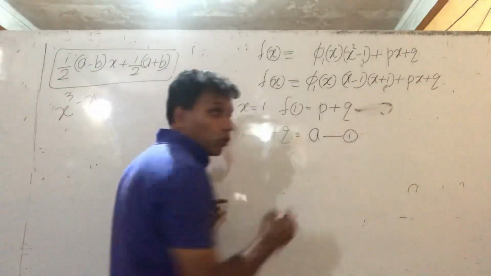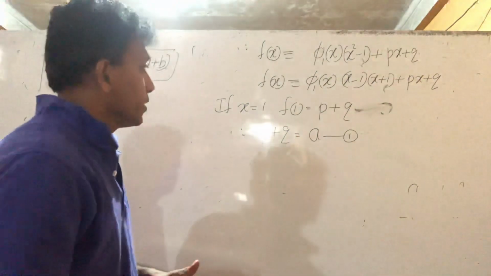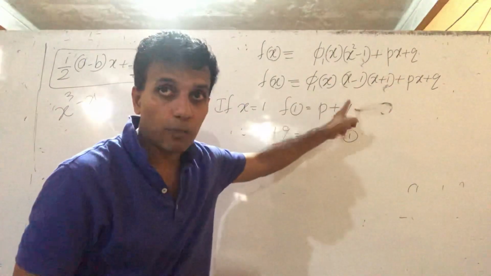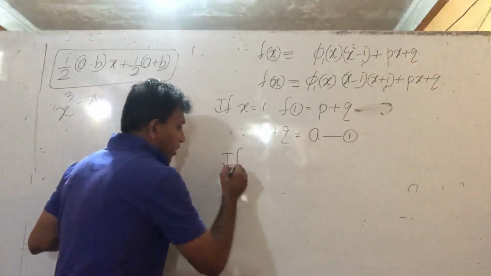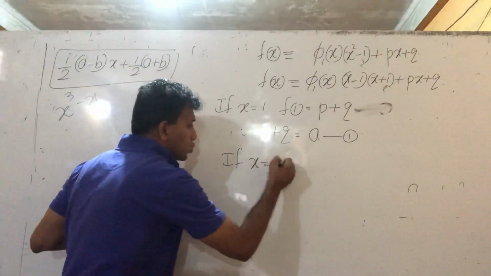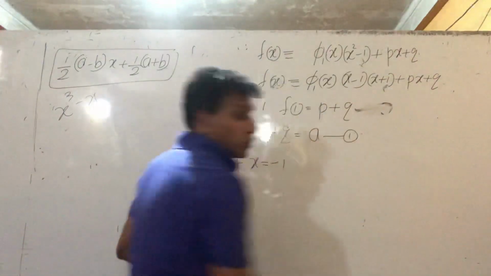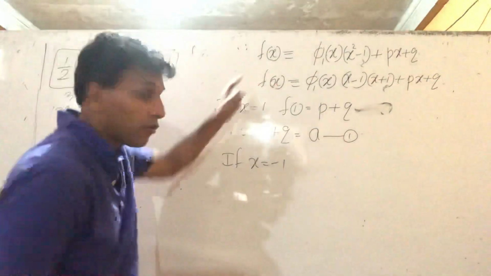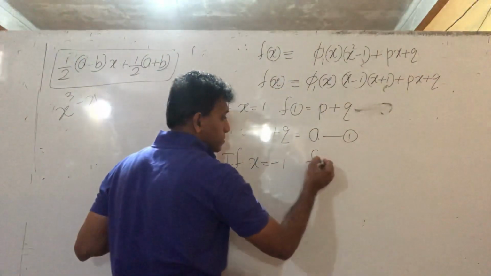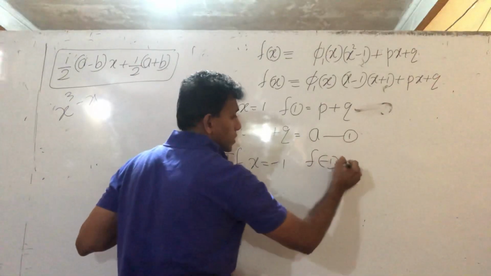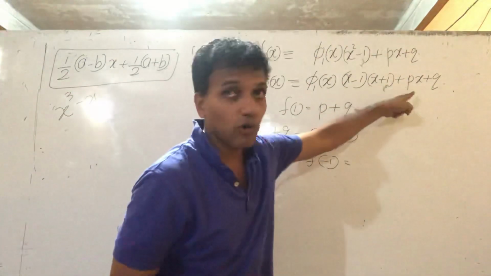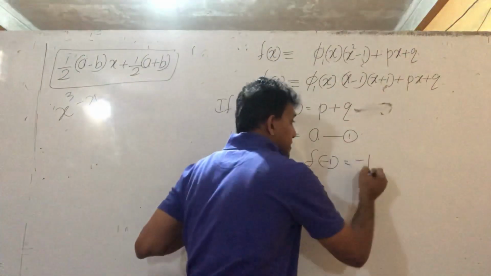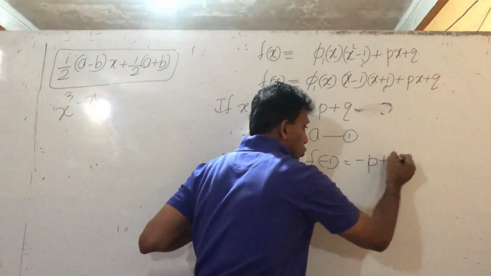Say first equation, right? Next one, put x equals minus 1. If x equals minus 1, so what? f(minus 1), this portion becomes 0, null, minus p plus q.